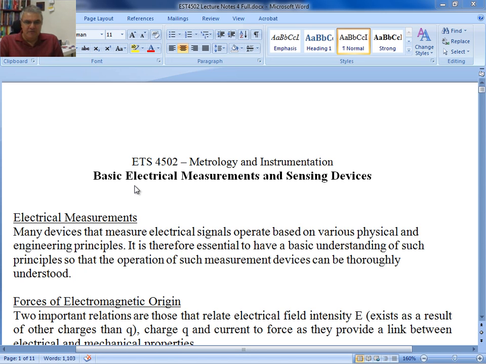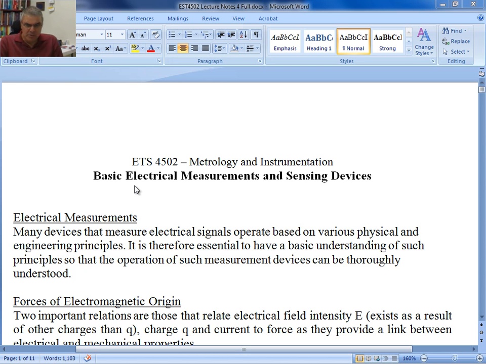There is a lot of information available on the World Wide Web, and it's very important for everyone to be familiar with the basic electrical background and knowledge that is required from your prerequisite courses.